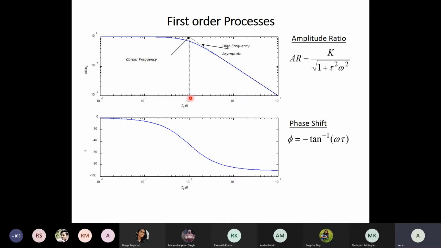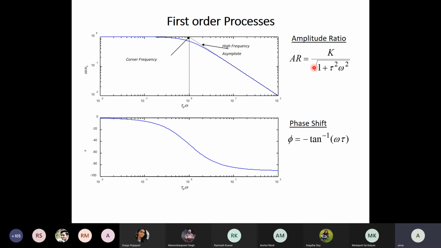Here basically I have plotted AR by Kp or process gain with tau p omega, which basically tells me at this point, this is my bandwidth. At tau p omega equal to 1, it will be my bandwidth. Because this bandwidth comes from the first order system itself.